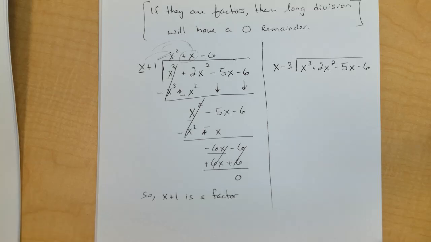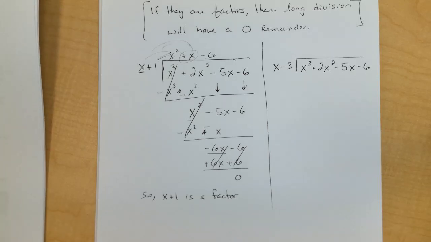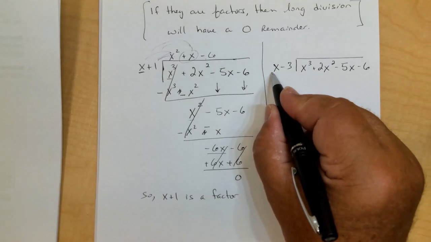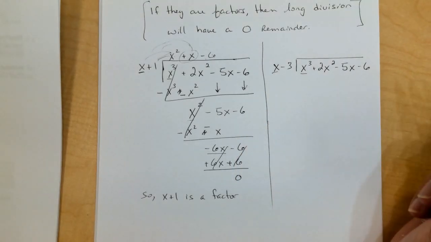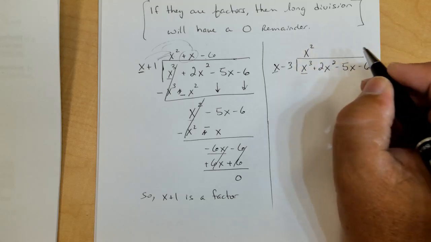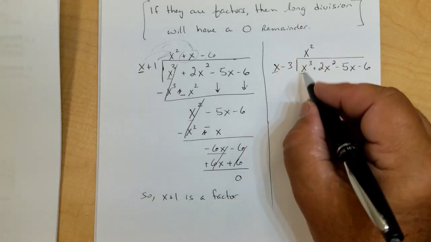And do the same thing with the other one, using long division. Times x gives me x cubed. X squared times x is x cubed.